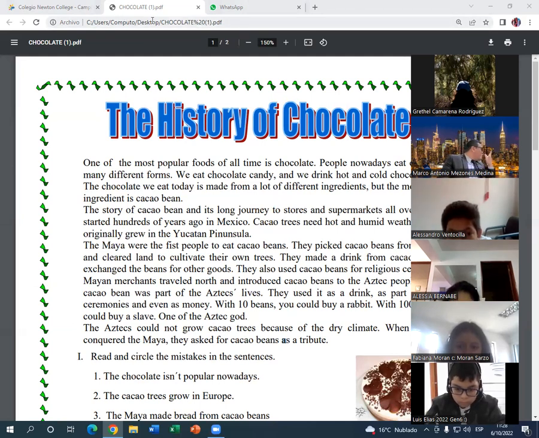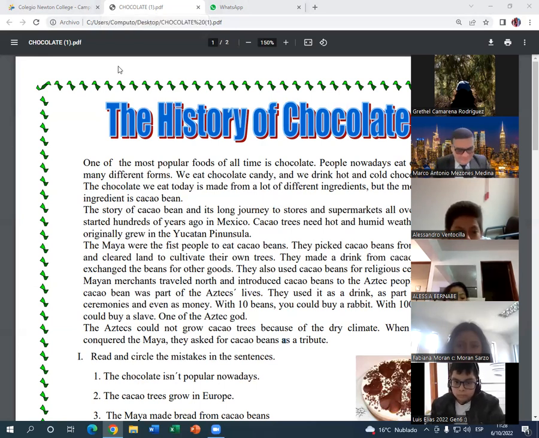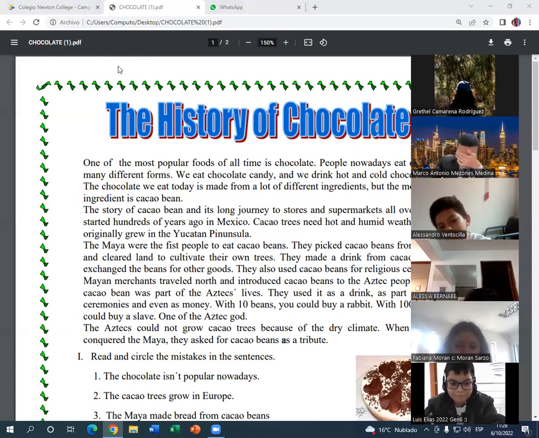One of the most popular foods of all time is chocolate. People nowadays eat chocolate in many different forms. We eat chocolate candy, and we drink hot and cold chocolate drinks. The chocolate we eat today is made from a lot of different ingredients, but the most important ingredient is cacao bean.